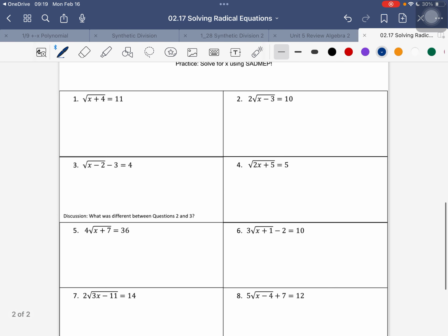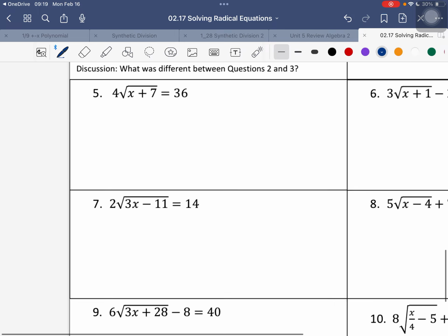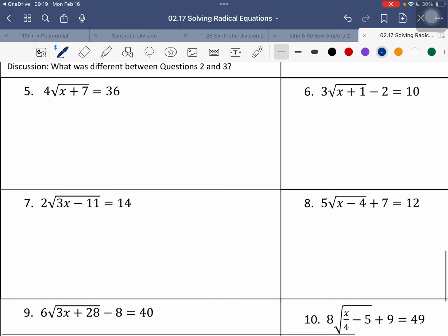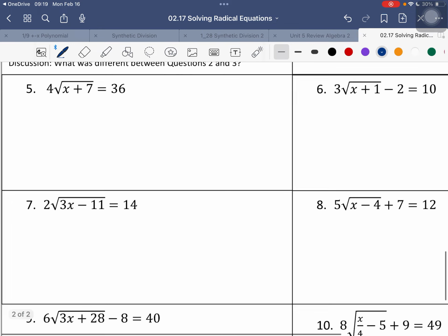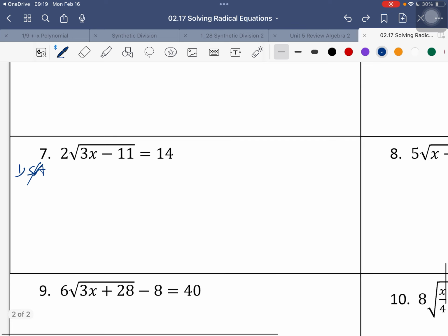Now I'll do one more question for you. Then you guys need to finish the paper by yourself. I'll do question 7. Step 1. Do SAMDEP, S and A. However, I don't have a backyard, so step 1 is already done for you.